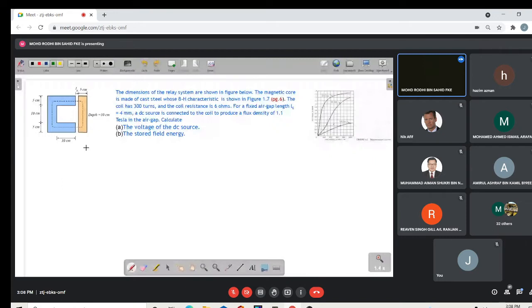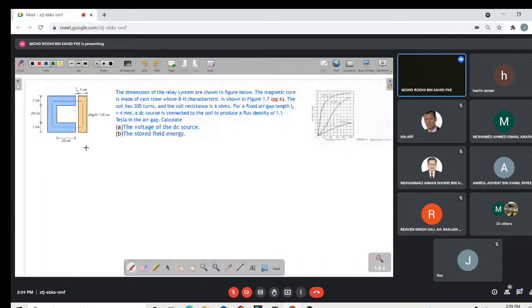From here we know that we can use the Ampere circuit law, which is HC LC plus HG LG. If you want to find the current, you just divide this by N, and then you get the current.